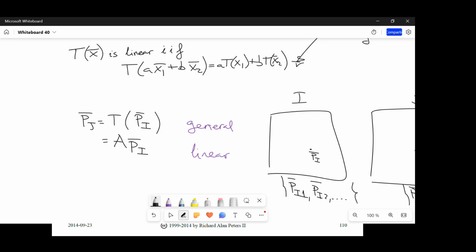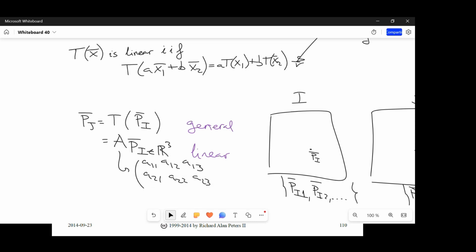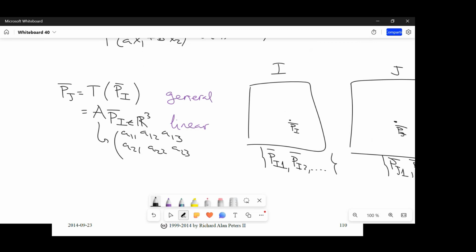Let's say that this is 3D, then this will be the matrix with entries A11, A12, A13 and so on.